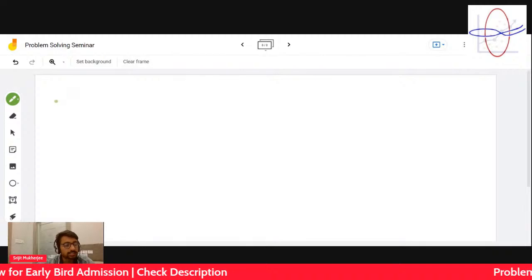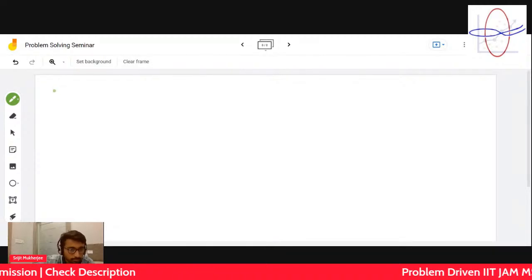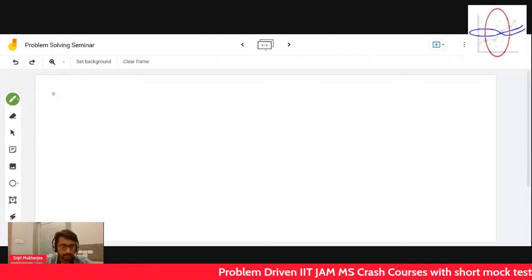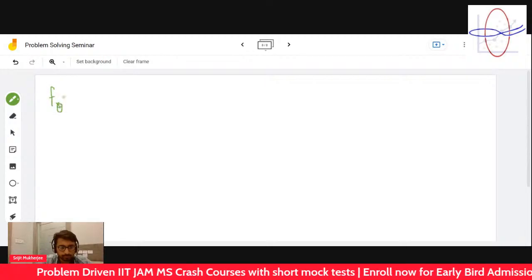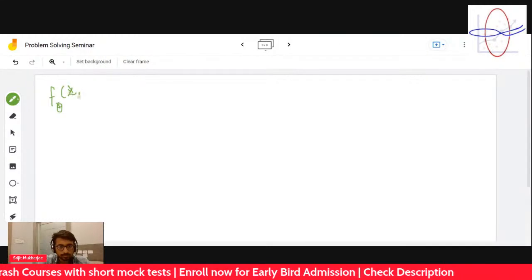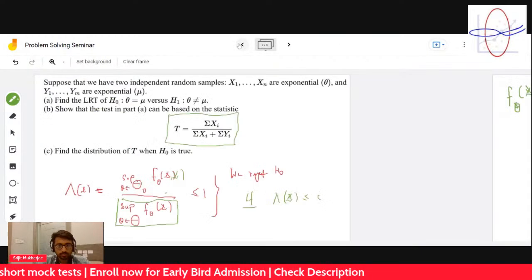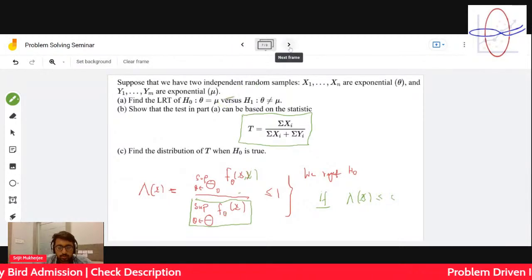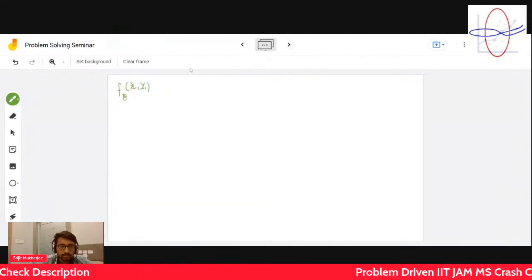So the likelihood, let's calculate the upper one, the likelihood under H naught.